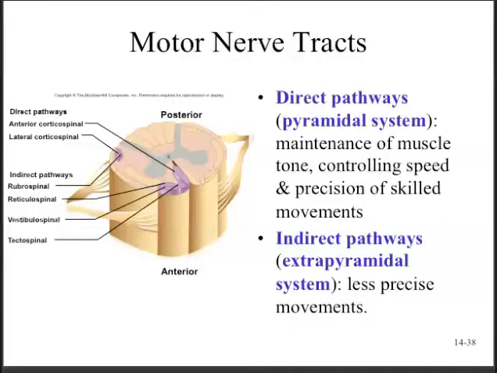Again, the reason we call this the pyramidal system is because many of these tracks make their way through the medulla oblongata, where about 85% of them cross to the opposite side of the body. Okay, so that's where the pyramids are located. That's where those tracks run through.